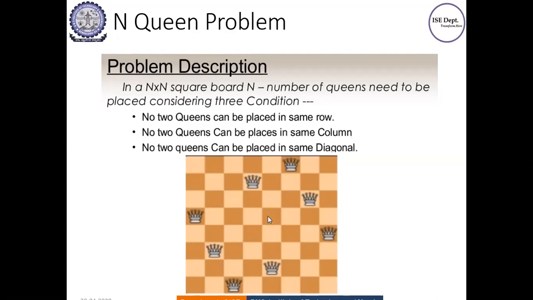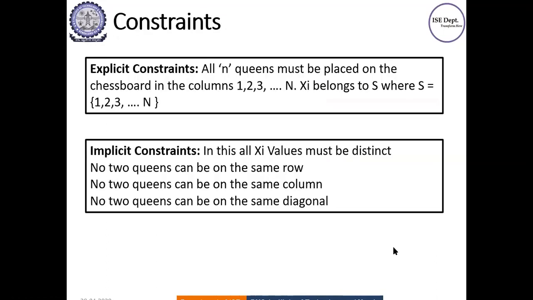This type of problem can be solved using a backtracking approach. So what will we do? First, start, then go to the next one. If it is not feasible, go back, backtrack again, something like this. So we'll see how to solve this problem. This is the problem description.